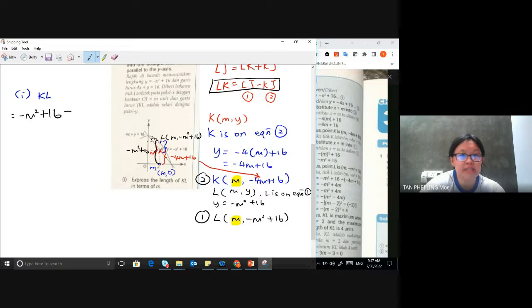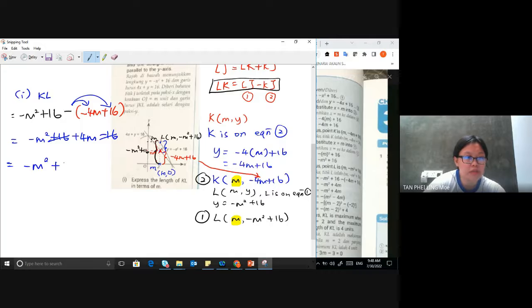I will have to minus the whole thing in red, minus negative 4M plus 16. Do you realize that? Okay, then I can get my blue one. So let me use blue to solve this, which means I get negative M squared plus 16. This one, I expand, so I get positive 4M. This one, I expand, I get negative 16. Happily, plus 16 minus 16. So I'm left with negative M squared plus 4M.